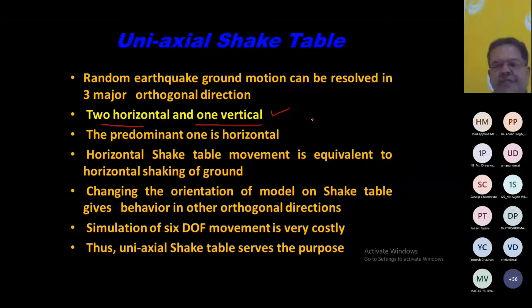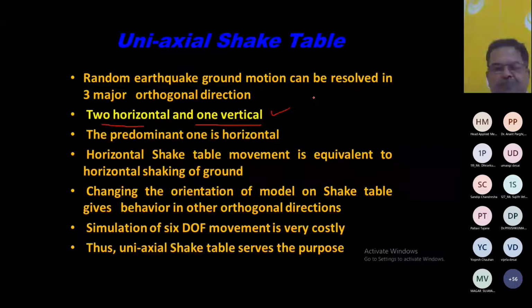I know that the earthquake has horizontal acceleration and vertical acceleration, right? But I know the vertical acceleration of the earthquake reduces very sharply with distance. If you go 20 kilometers away from the epicenter, then the vertical component of the earthquake is almost negligible, right?